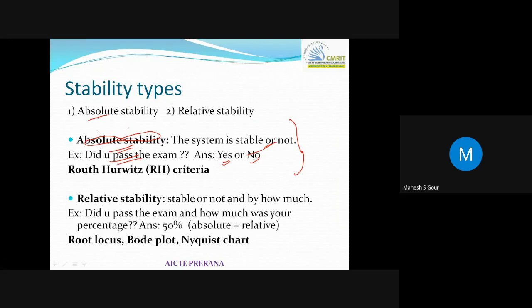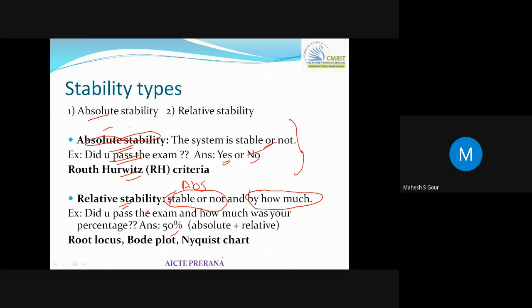Now coming to relative stability. It will tell whether the system is stable or not and by how much. It means relative stability will cover absolute stability as well as by how much. Right? If I ask you, did you pass the exam and what was your percentage?